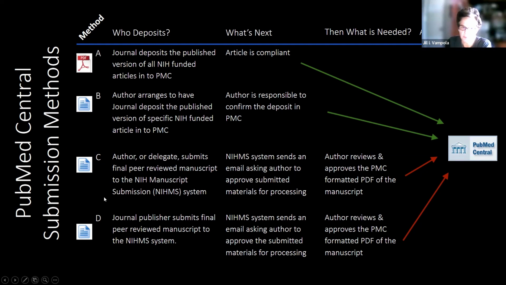So see how there are 4 different ways; it all depends on the type of journal you are dealing with, and everyone's going to be different. I wish I knew the statistics, but I think C is probably the most popular. So it's going to require you to troubleshoot and figure out who was actually submitting to the NIMS system, and that could be you, actually, right?